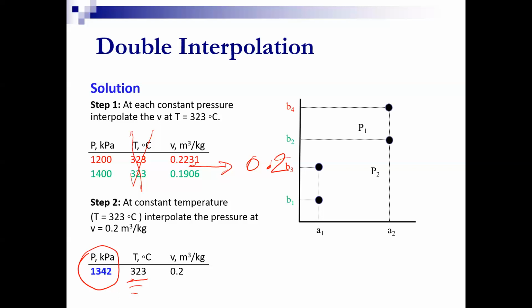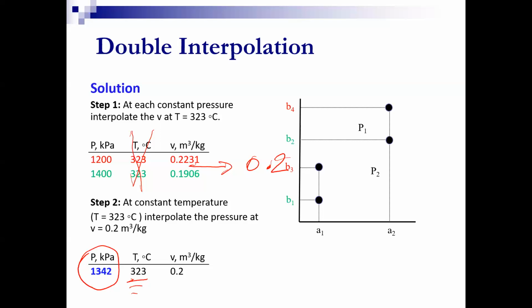Keep in mind that in our course and in all thermodynamic courses, for many problems you need to do interpolation, or extrapolation, which is similar to this, but with the difference that in extrapolation, the number that you are looking for is out of the table. But the formula will be pretty much similar to this.